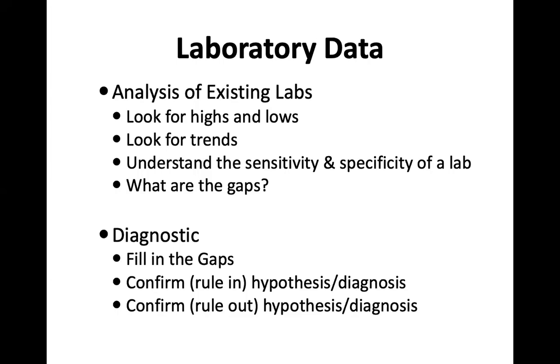Troponins are another one. Back in the day, we used to look at some of the CPKs and the MBs to decide whether or not a patient was having a heart attack. Today, we're really looking more at something called troponins.